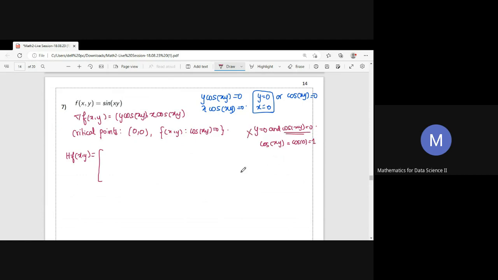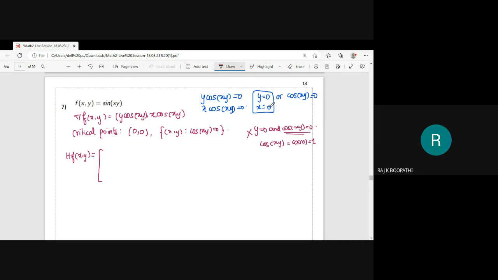So we cannot combine these together. Anyway, the full equation is y cos xy is 0, and that is matching, that is fine. I'm not talking about this. I'm saying that this and this together cannot happen. We are talking about this and this happening together.